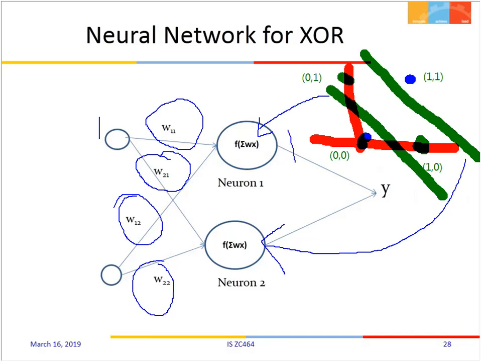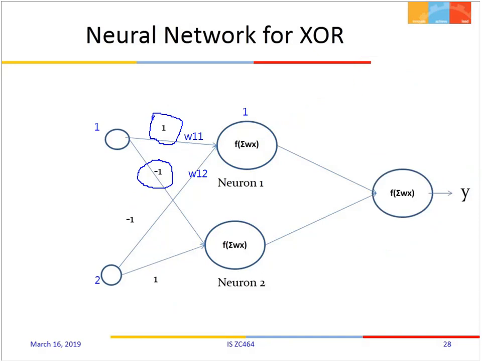So the next layer's index comes first and the previous layer's index of the neuron comes second. That is the simple terminology which is normally followed in defining the weights. So picking up that same terminology, you get these weights W11, W12, W21, W22.